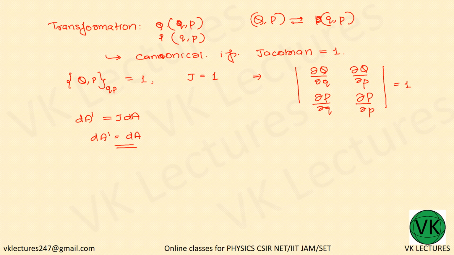And in a Jacobian transformation, both the initial system and the final system have the same area and the same volume, which means area and volume are preserved.